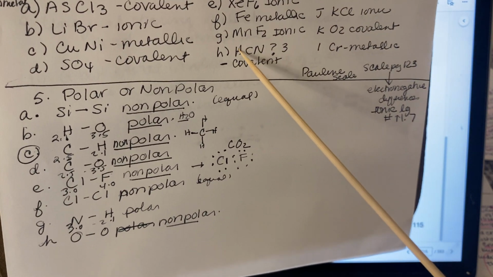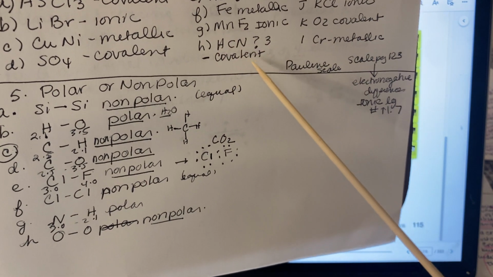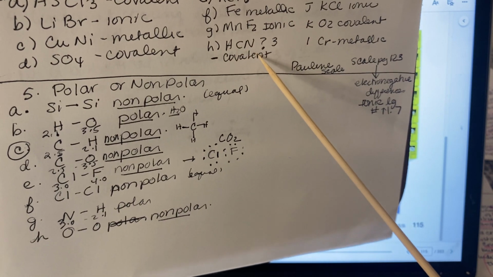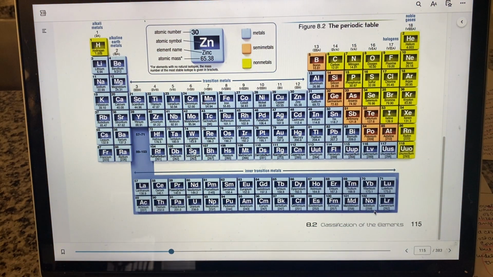The next one is HCN. I put covalent because each one of these has to hook onto the other. There's one, two, three atoms. 3 atoms can't totally be ionic, you know, so that's what I thought. That one might be kind of questionable.